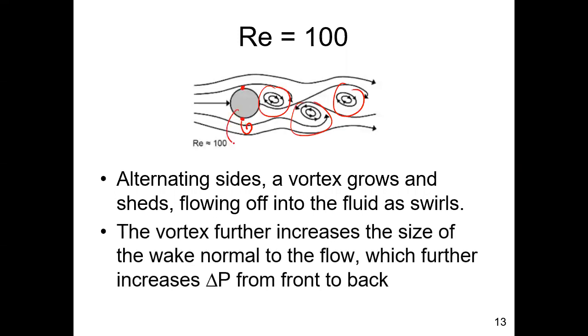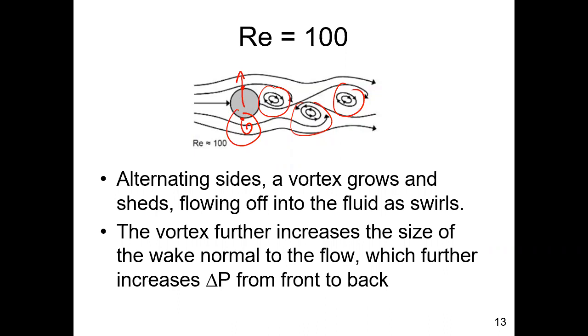As the vortex is growing on one side, it's increasing the size of that wake, especially perpendicular to the flow. And since it is not symmetric now, it's asymmetrically causing a force in the direction normal to the fluid flow, capital U.